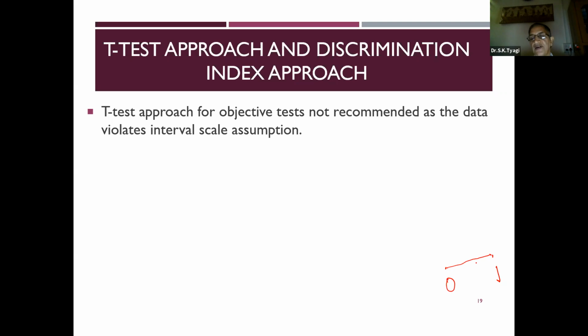An answer cannot be half correct, half incorrect. This is an objective type question. Either it is correct or incorrect, right or wrong. Therefore, how are you using a t-test in a situation where you have just a binary response, 0 and 1? This is the objection raised by some people.